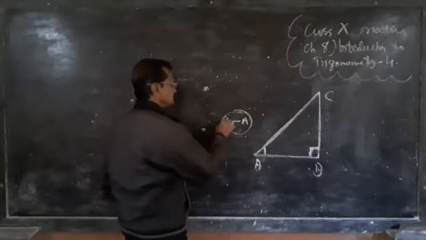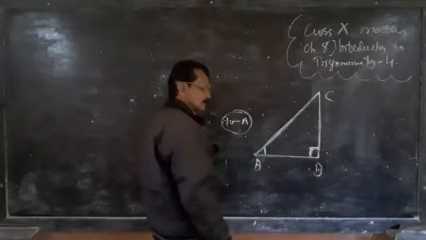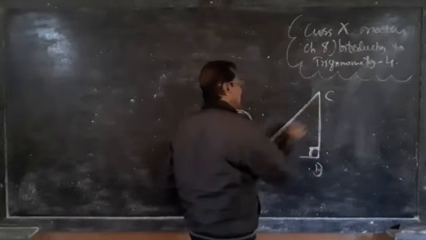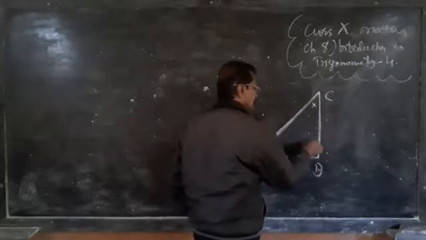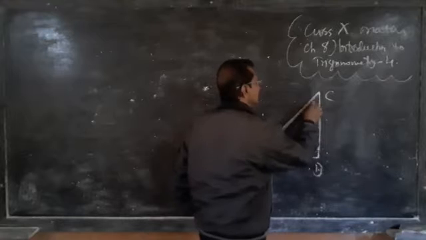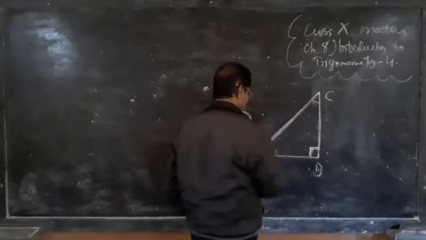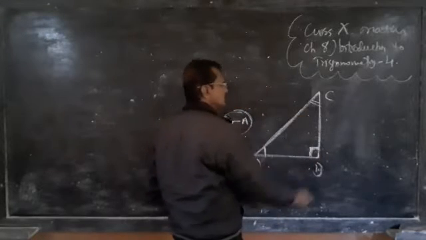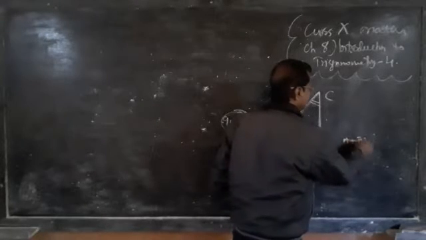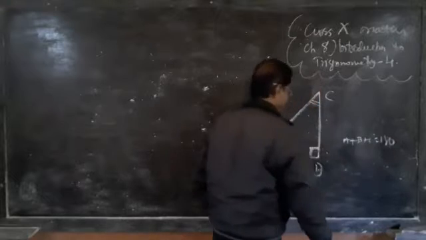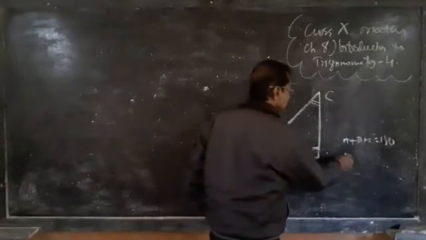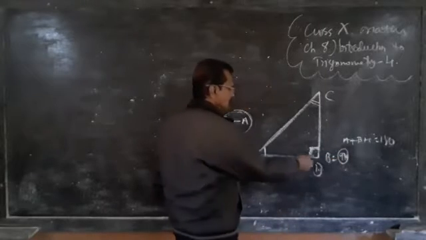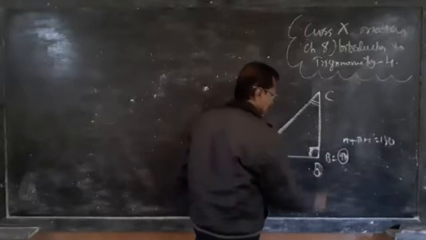We know that the total sum of these 3 angles, angle A, angle B and angle C, together A plus B plus C equals 180. Now B equals 90 because this angle is a right angle.